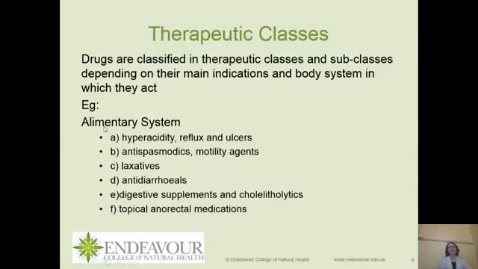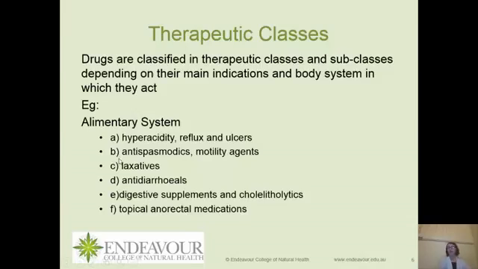gastrointestinal tract. Some of these names will be similar classification systems that are used in your complementary medicine modalities. But in MIMS Online, drugs acting in the GIT, we have hyperacidity, reflux and ulcers, drugs particularly working against those conditions. Then we'll have some that are classified by more their action.